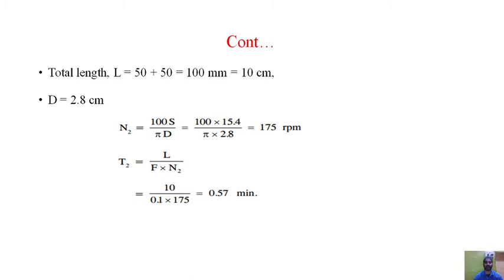Now the workpiece is rotating with a diameter of 2.8 centimeter, because we have reduced the diameter from the initial raw material 3.5 to 2.8. Here D is taken as 2.8. This is very important, because many people make mistakes here by taking the same diameter. Now you have to see that initially the given workpiece is 3.5.